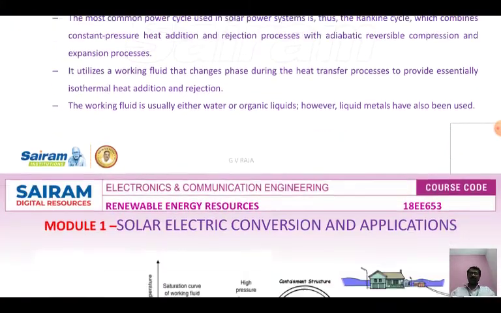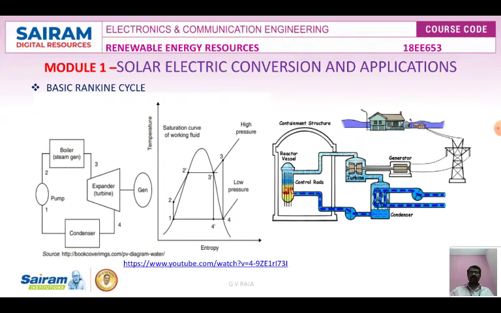So we have to see the basics of the Rankine cycle. The saturated liquid leaving the condenser at state 1 is raised in an adiabatic reversible process by the pump to state 2, where it enters the vapor generator, also called a boiler or steam generator.